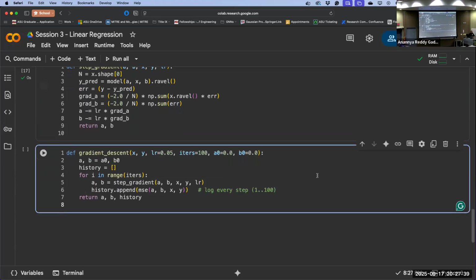So with one step of gradient descent defined, we want to compute it for, let's say, 100 steps or 1,000 steps, depending on what we want to do. That is where this gradient descent function comes in, where we look at the number of steps, which is 100.